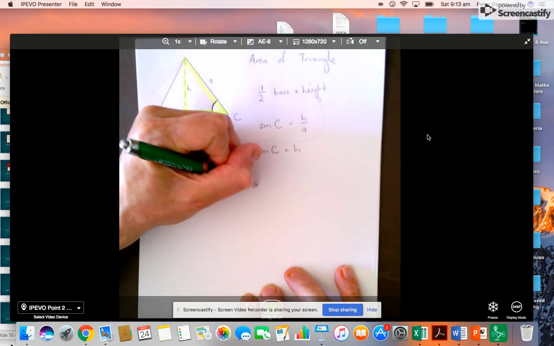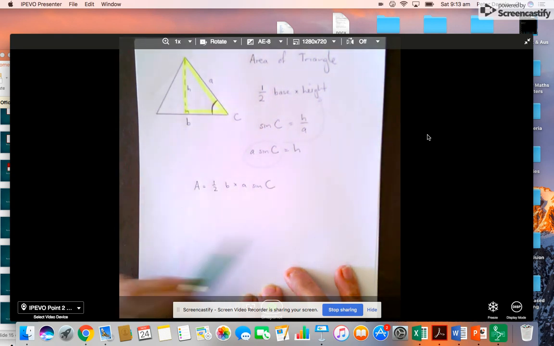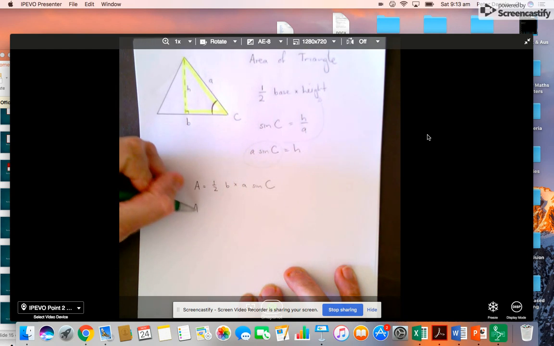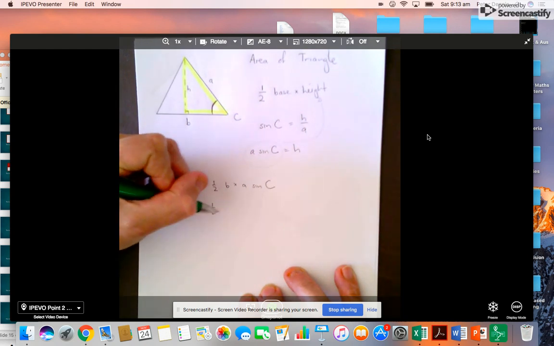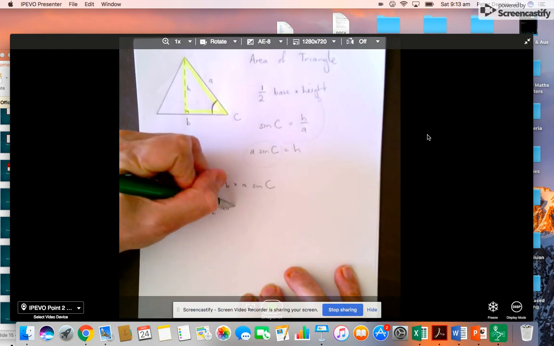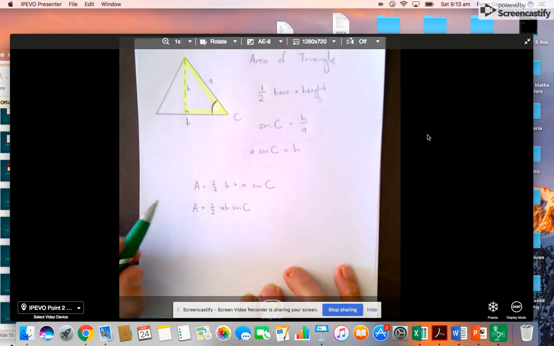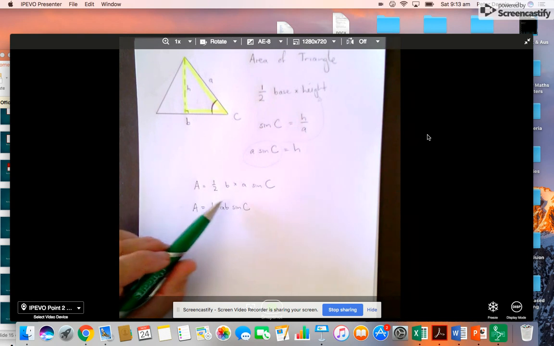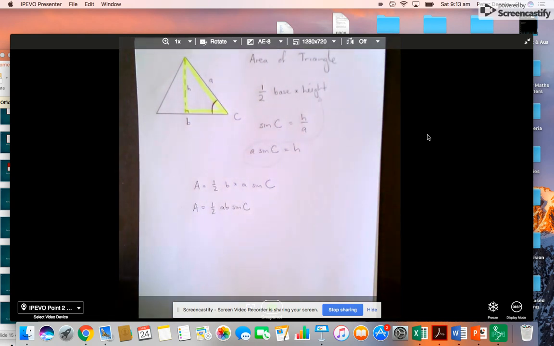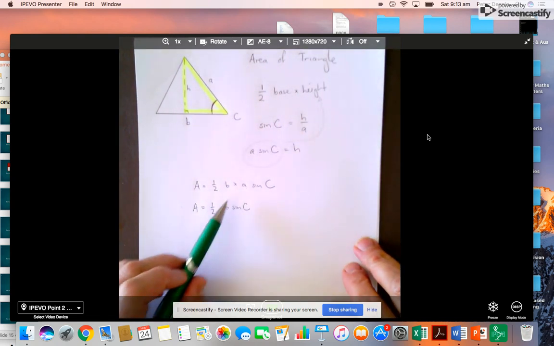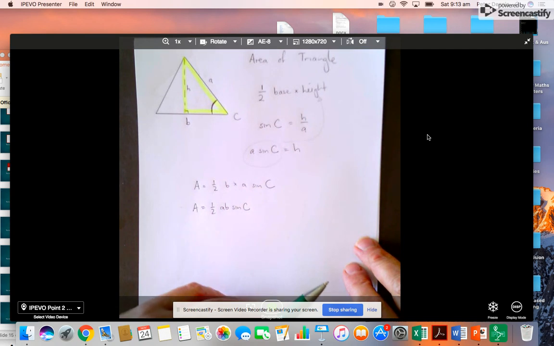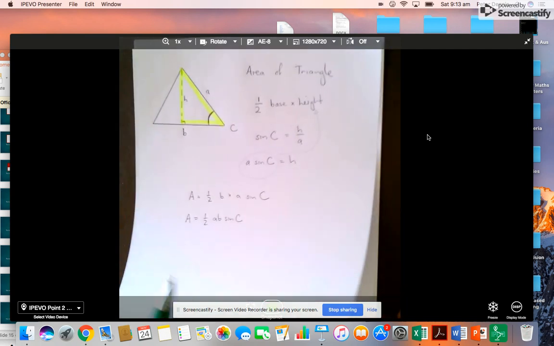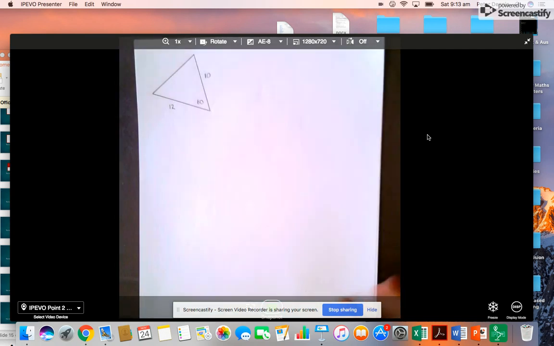A sine C. And now it is exactly the same: half AB sine C. I want to say that that's the distributive law, but I might be wrong there. I don't know the name. It's really fantastic. But B times A equals A times B. That's one of those rules that we started off with. But yeah. So how does this work?